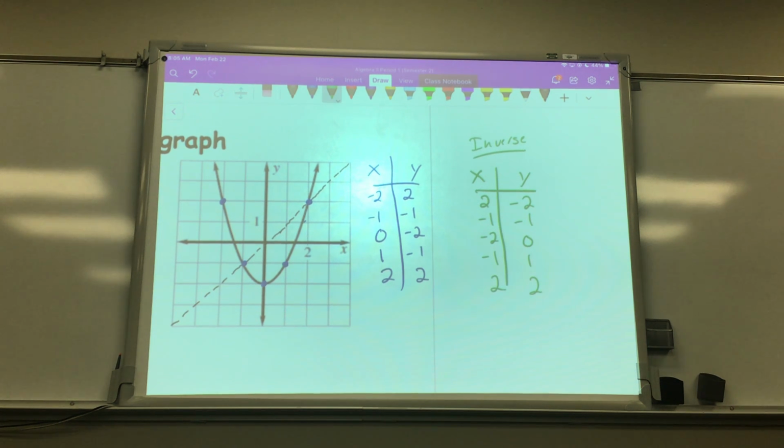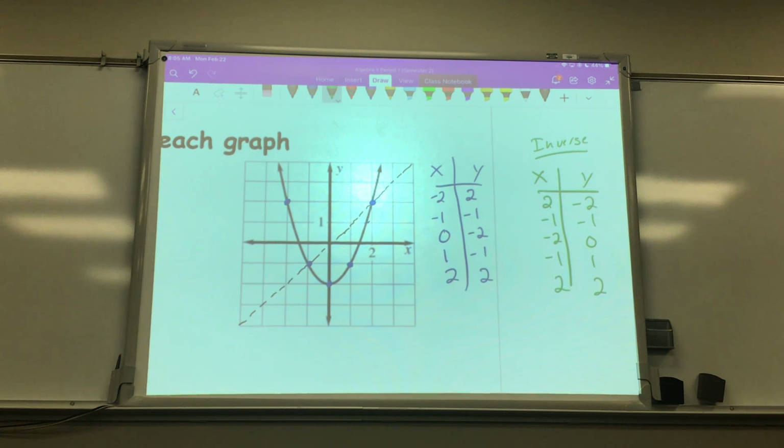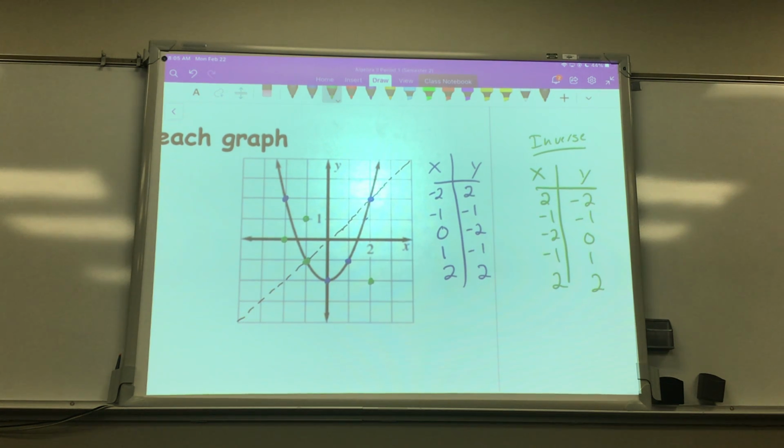And we can plot those points from there, right? So (2, -2), (-1, -1), (-2, 0), (-1, 1), (2, 2). And that would be the inverse.